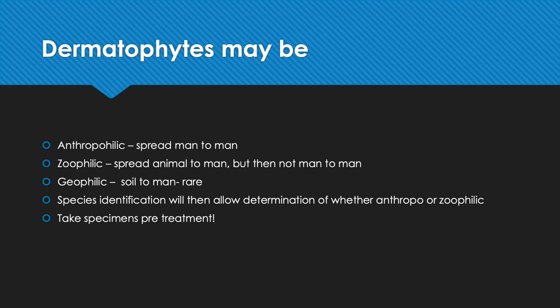As mentioned before, species identification by culture will allow us to determine whether that particular fungus has been acquired from another human or an animal, and that animal species may be very specific. I think it's really important to take specimens before treatment for these very reasons.